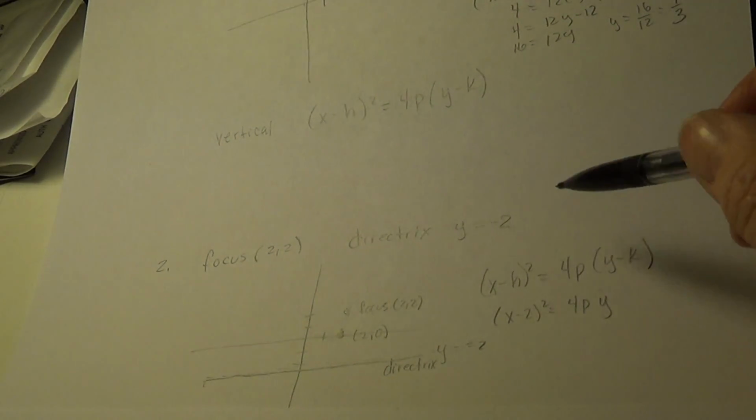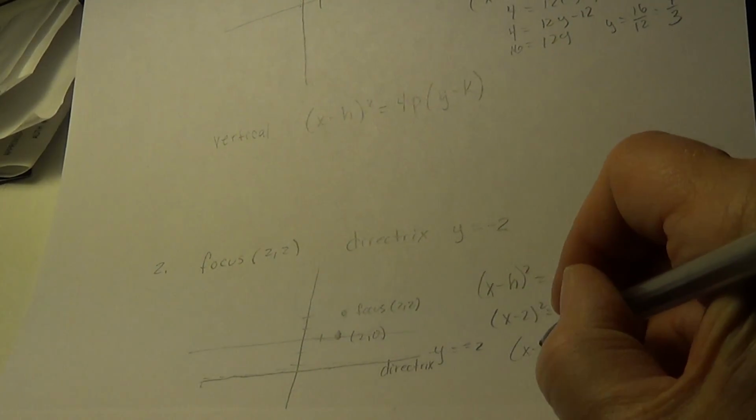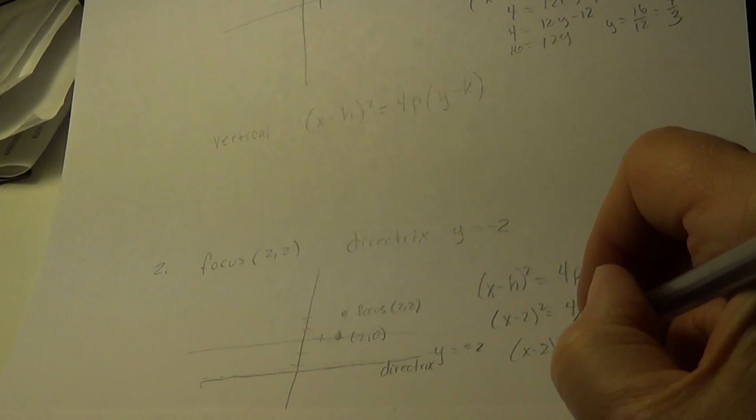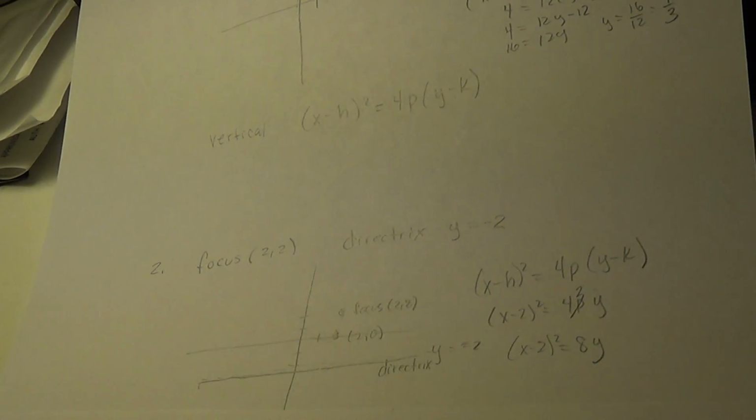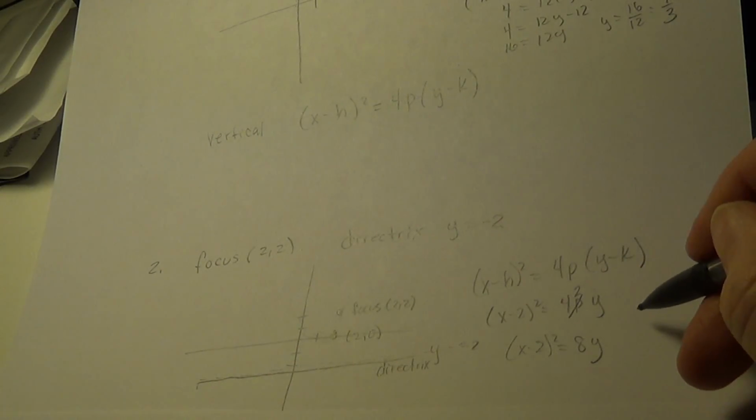So it's a distance of 2. So I'm going to replace p with 2. So I get x minus 2 quantity squared equals 8y. Now all I need to do to finish is to find one other point on the parabola.